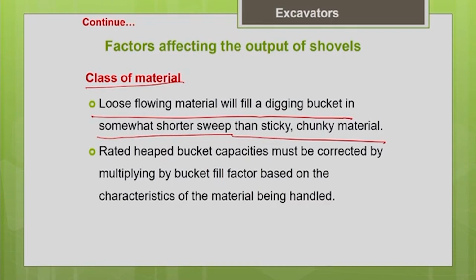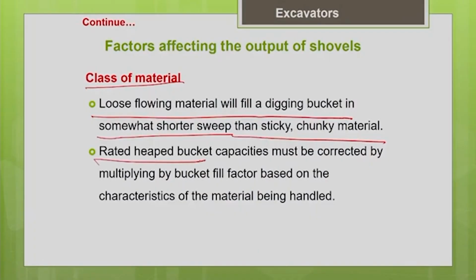Another important thing you already know, just like what we discussed for the loaders, is that here also we can get the rated heaped bucket capacity from the manufacturer. The manufacturer has done the rating of the bucket under standard conditions, say at a particular angle of repose, say 1:1, and they have given you the rated heaped bucket capacity.